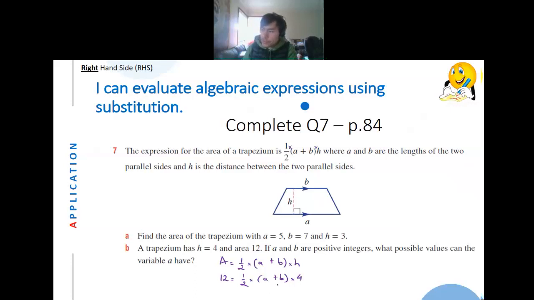And then we want to know what values A and B can have.